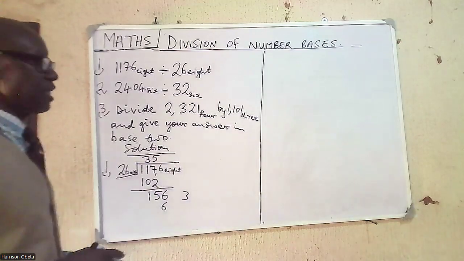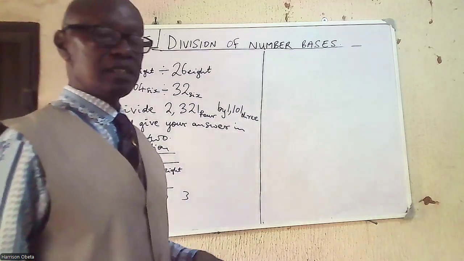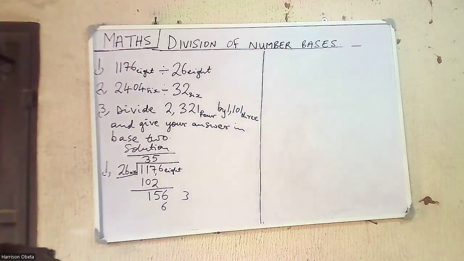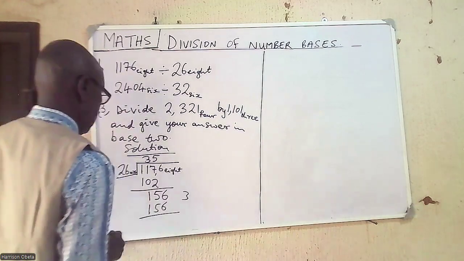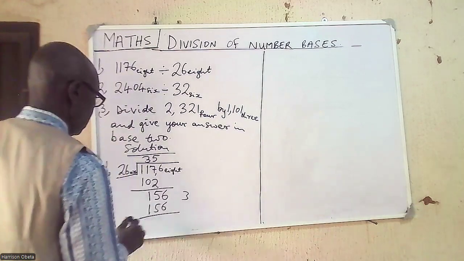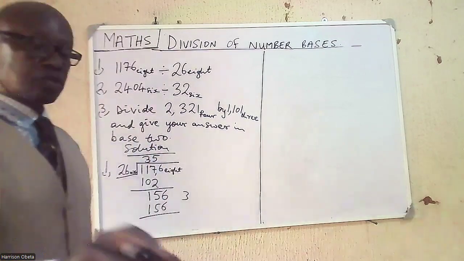5 times 2 is 10, plus 3 is 13. And how many 8 do we get in 13? We have 1, remainder 5. So we have 1, 5, 6. And then that means we have gotten our answer to that.